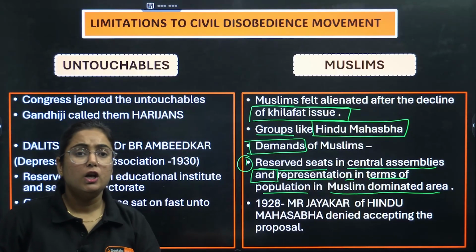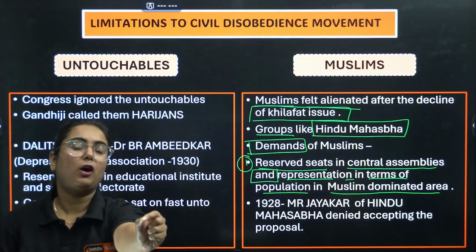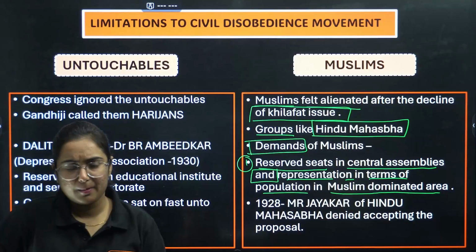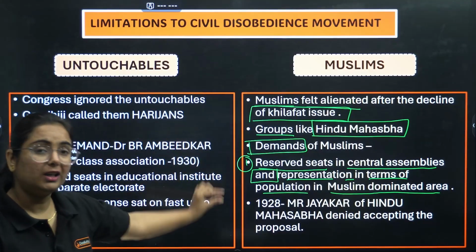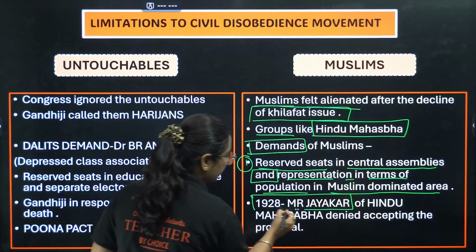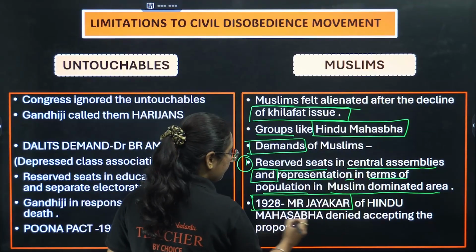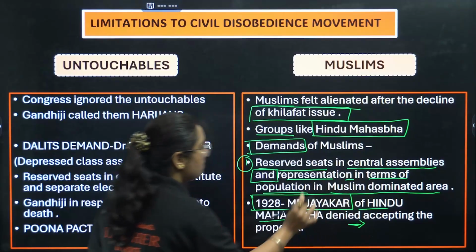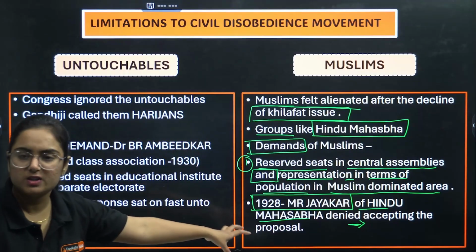So what if we demand this reservation in Hindu dominated areas? Getting my point? This demand was not accepted because an opponent of the Muslim League, M.R. Jaykar, who belongs to the Hindu Mahasabha, denied accepting this demand, and the Indian National Congress accepted this one.